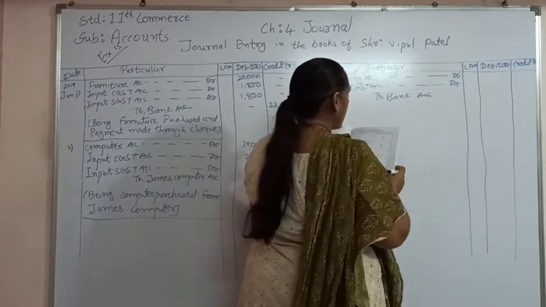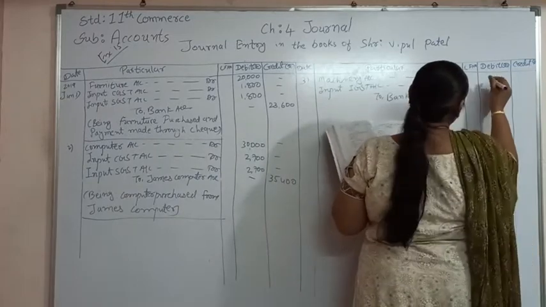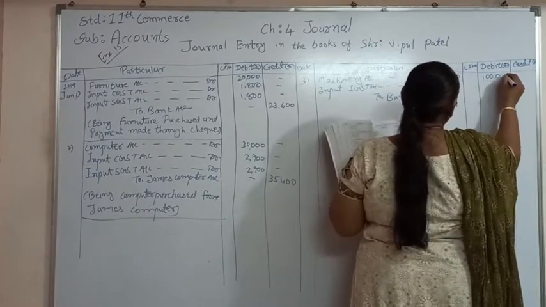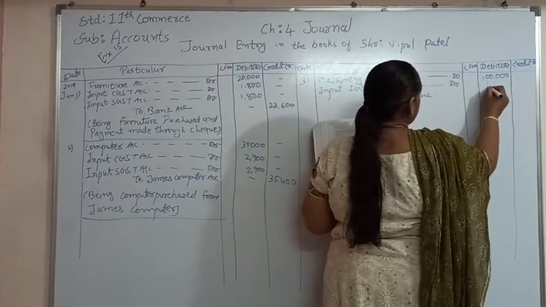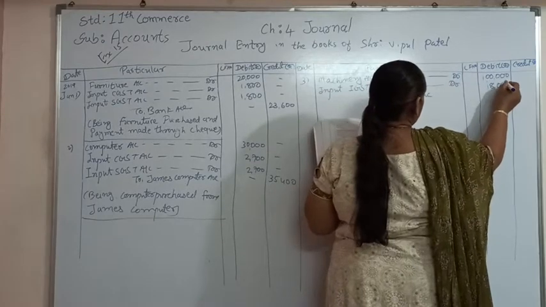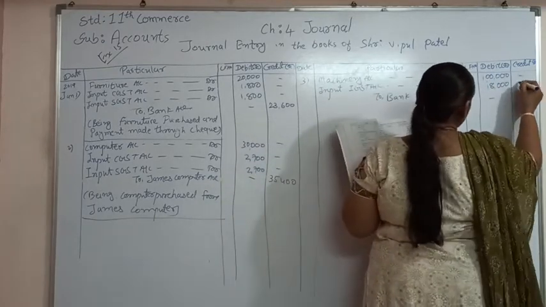Here we have purchased the machine of rupees 1 lakh and IGST is 18%. So that will be 18,000.